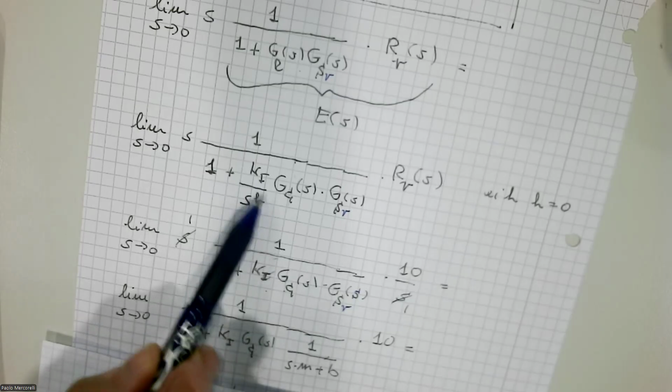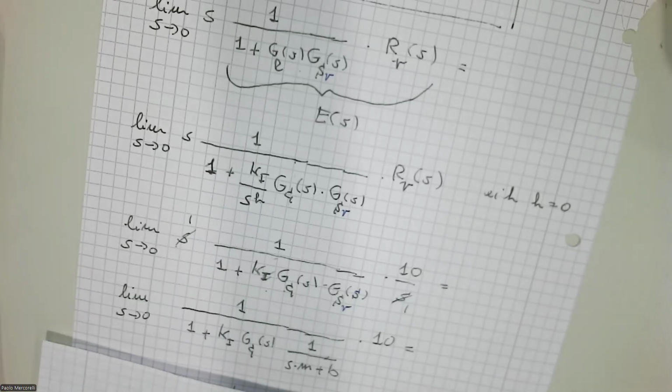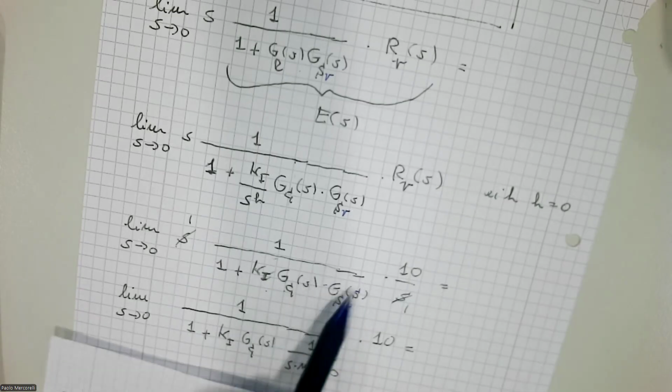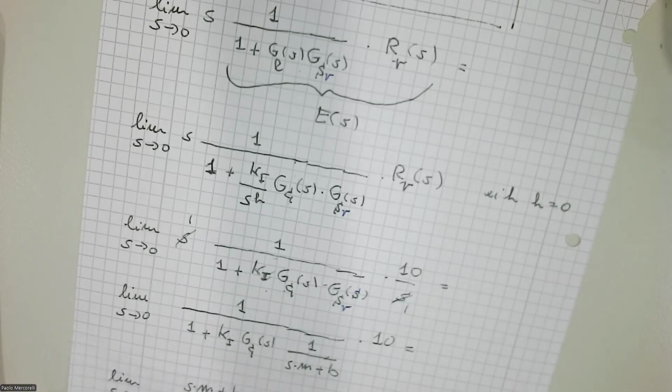I can say directly that this is 1, even though I didn't write it, but s cannot equal 0. Now, the calculation is not so difficult. I will plug in also the transfer function of the model, which I gave you exactly at the beginning.